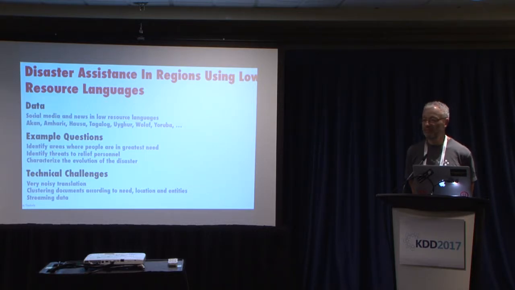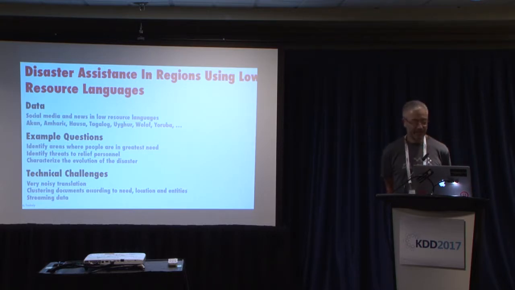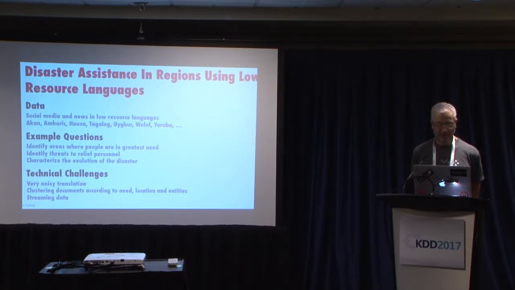If there are disturbances or riots, you want to alert the rescue personnel to avoid those areas. And the technical challenge, even after translation, is that you're going to get super noisy data, because you can imagine a translation system trained from nothing is going to give fairly noisy data.